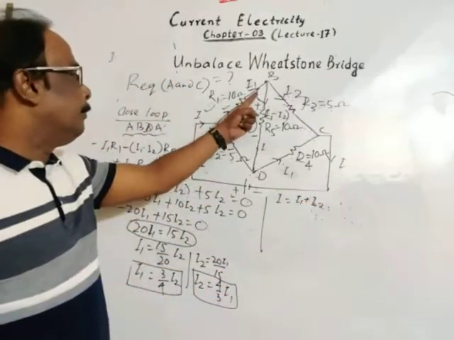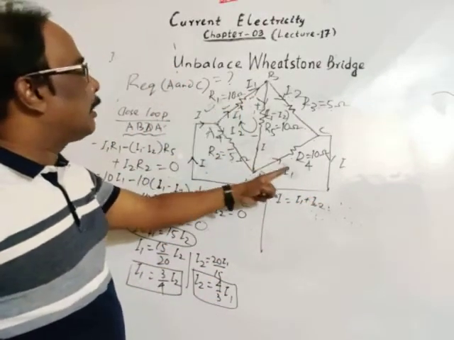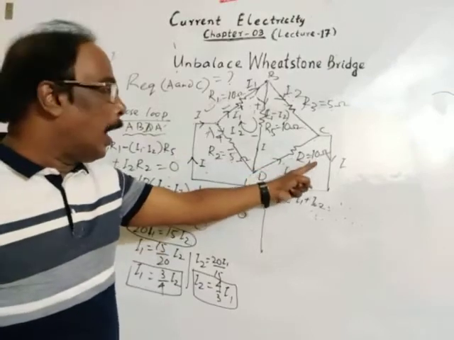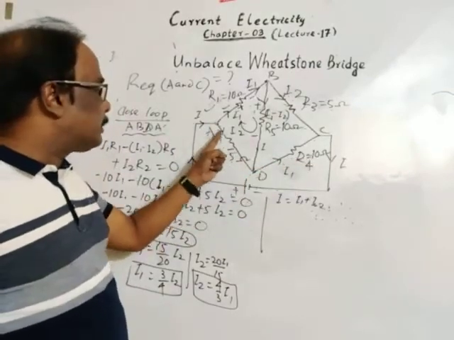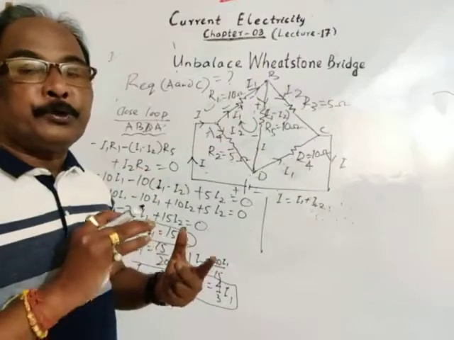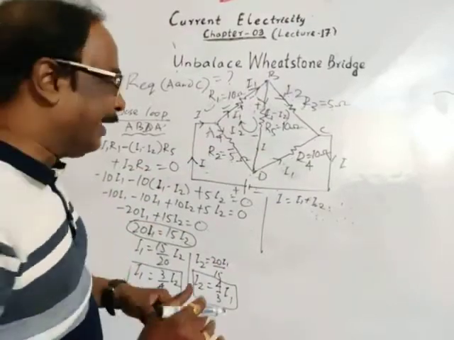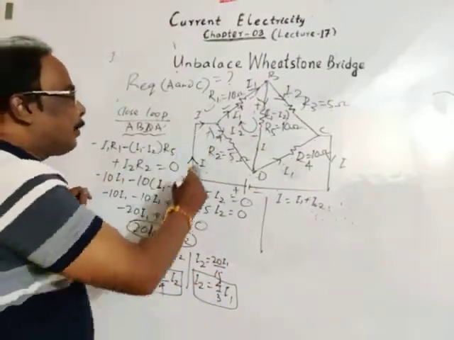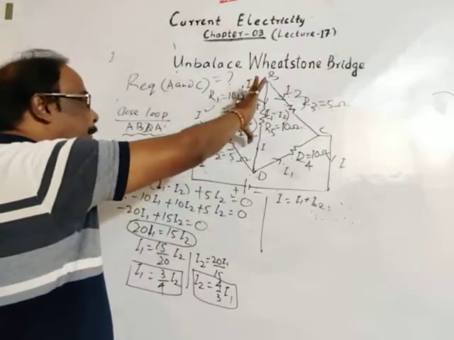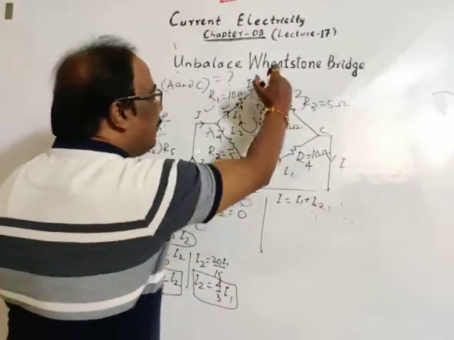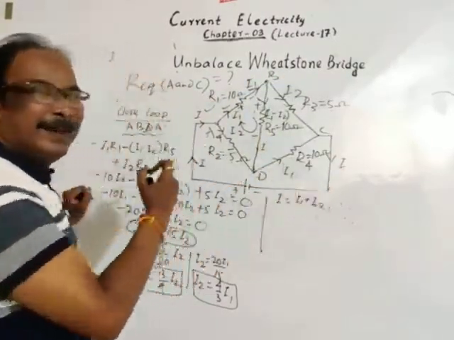Current through R1 is I1 and current through R4 is also I1, and along this branch it is I2 and I2, due to symmetry of the circuit. Then I is equal to I1 plus I2.